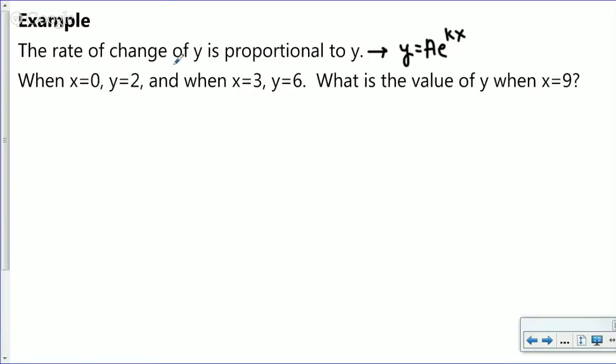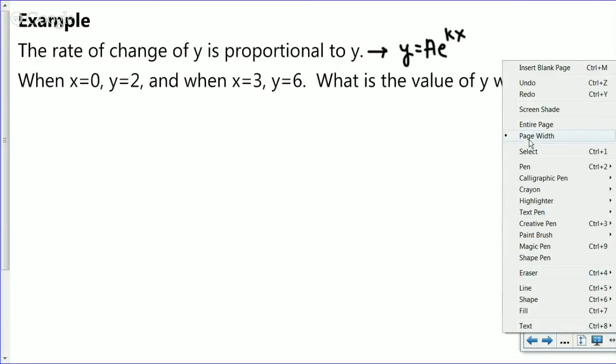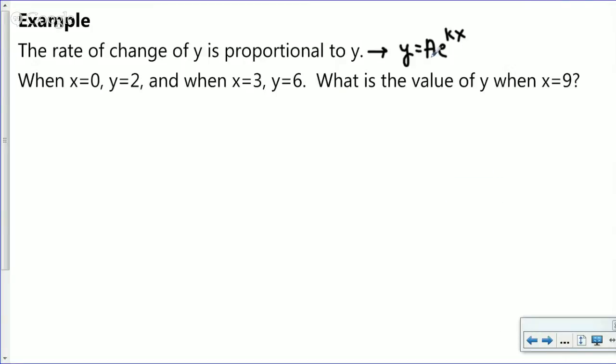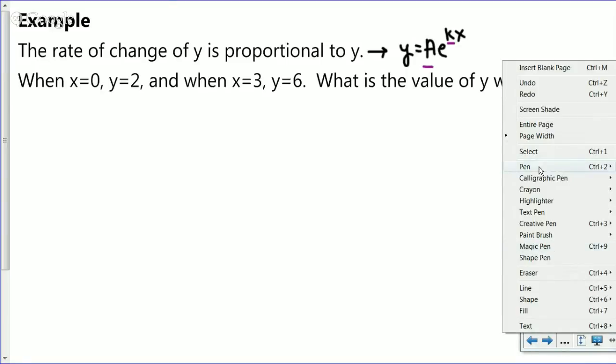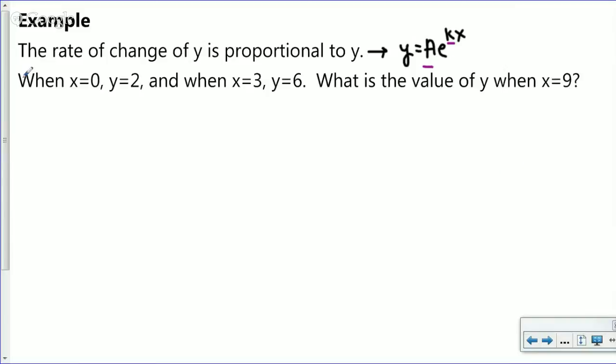So what I need to do, though, is find values for my two constants. And what are my two constants? A and K, right? E, I already know the value of, and then x and y are variables.